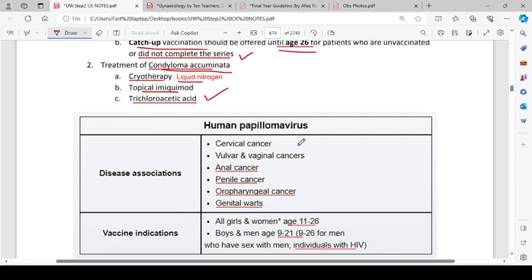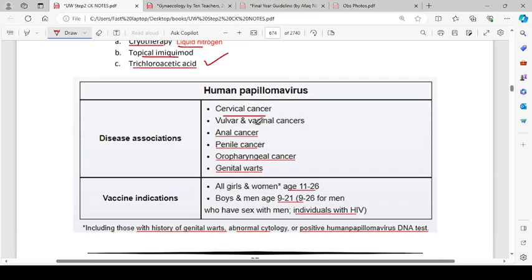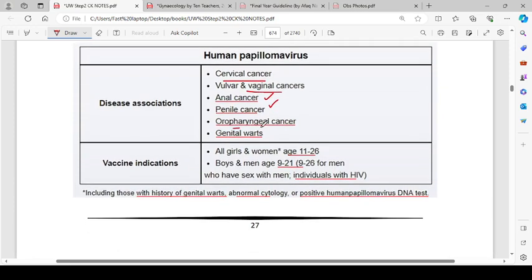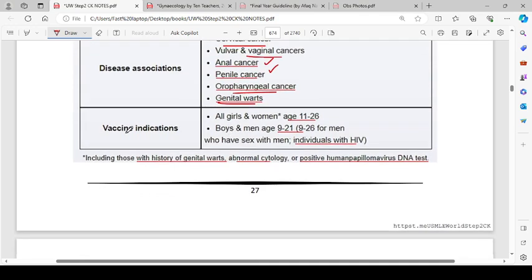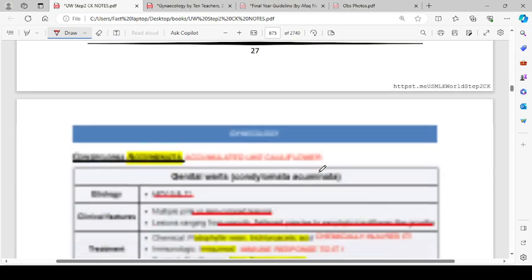Associated diseases are cervical cancer, vulvar and vaginal cancers, anal cancer, penile cancer, oropharyngeal cancer, and genital warts. Vaccine indication are all girls and women aged 11 to 26, boys and men aged 9 to 21, that is 9 to 26 for men who have sex with men, and individuals with HIV, including those with history of genital warts, abnormal cytology, or positive human papillomavirus DNA test.